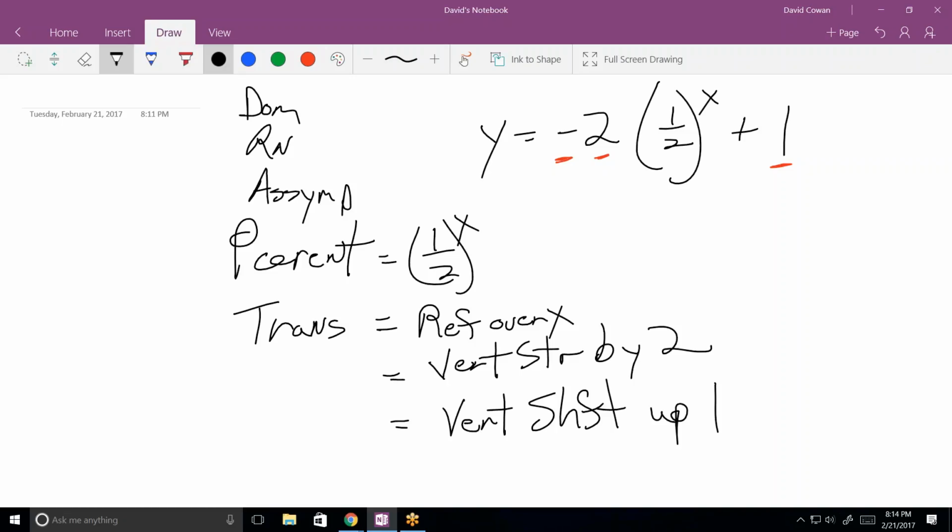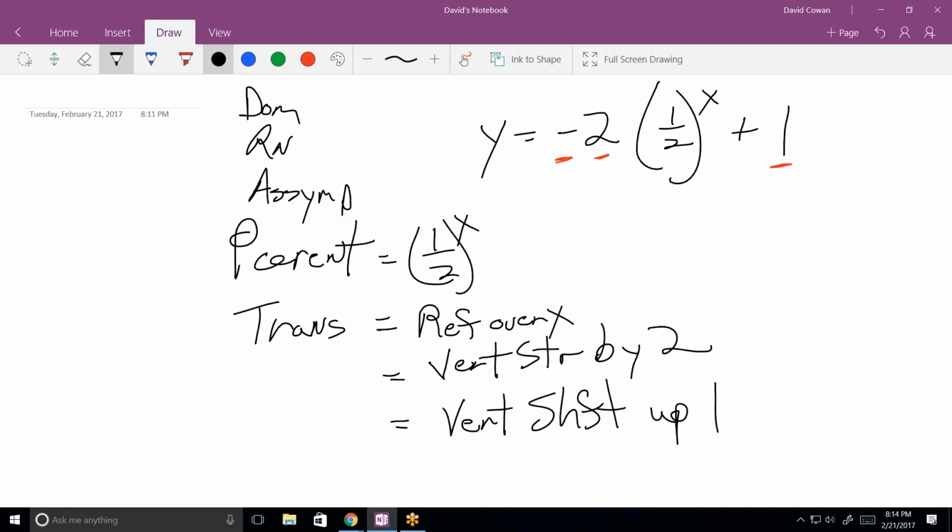Now, asymptotes. Where would the asymptote of the parent function be? Of the parent function, it would be y equals 0. Because we have a vertical stretch, that does not affect it.